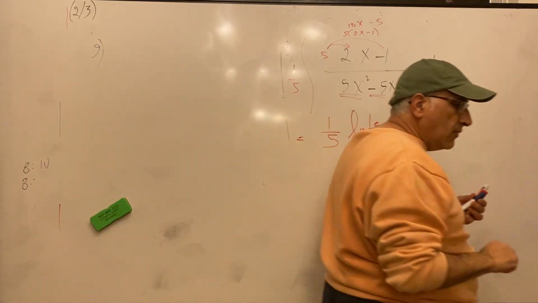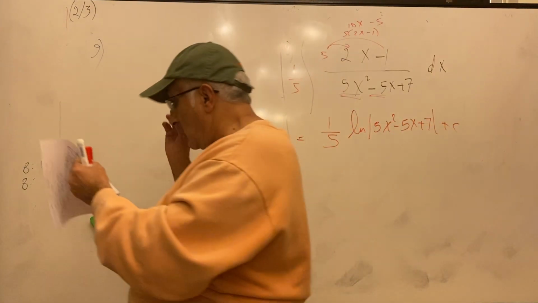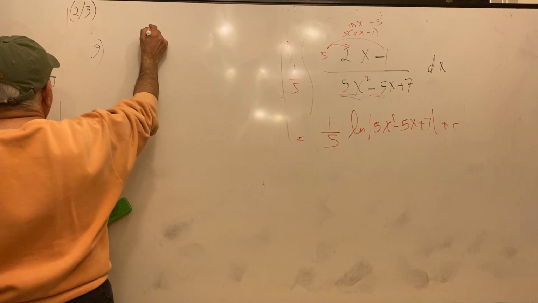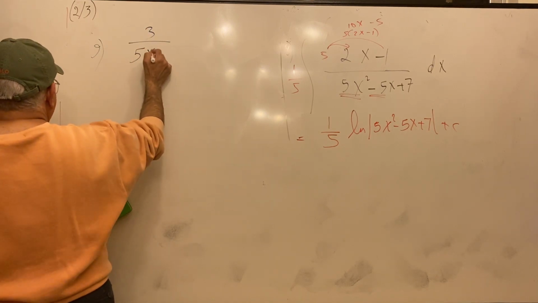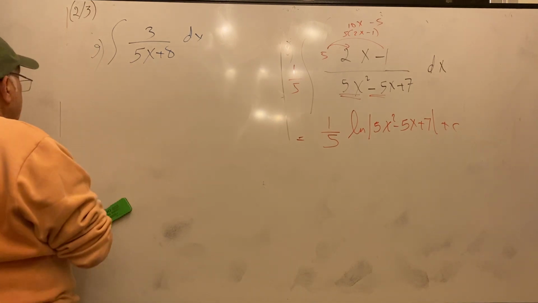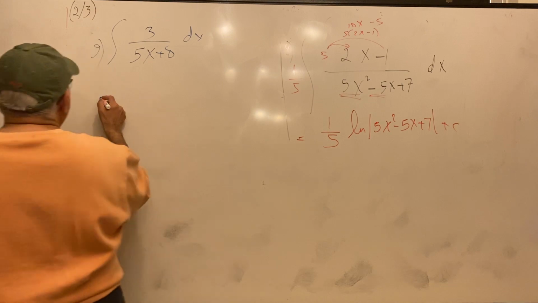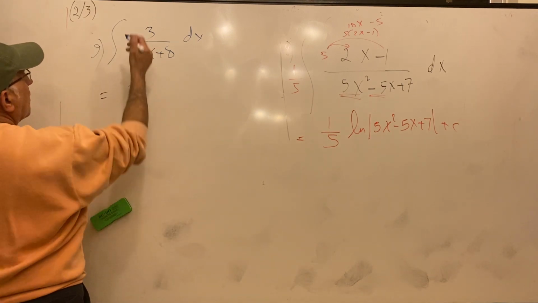Last question, I want to finish everything here. How about if you see something like this? Question number 9. 3 over 5x plus 8 dx. Why don't I leave the 3 out? Because the derivative of that is not there.